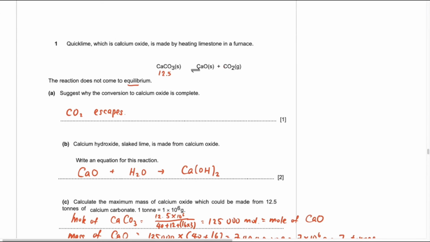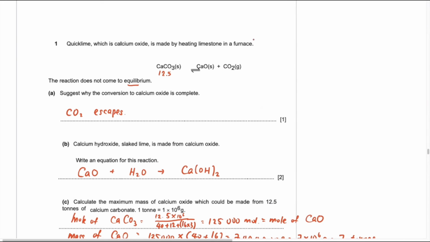So we have to say why the backward reaction cannot happen. The backward reaction cannot happen because carbon dioxide escapes. In order to make the backward reaction happen, calcium oxide has to react with carbon dioxide.